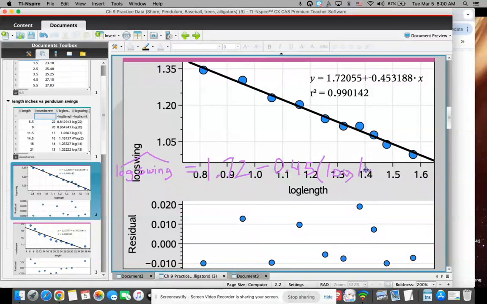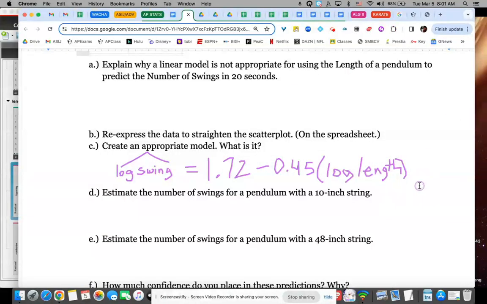Log length. All right. Sorry, so slow. Okay, let me go back here and then you can read it. Okay, there it is. That's really messy. It looks like a second grader wrote it, but that's me. Okay, so this is my explanatory variable, and then my response is log swing.